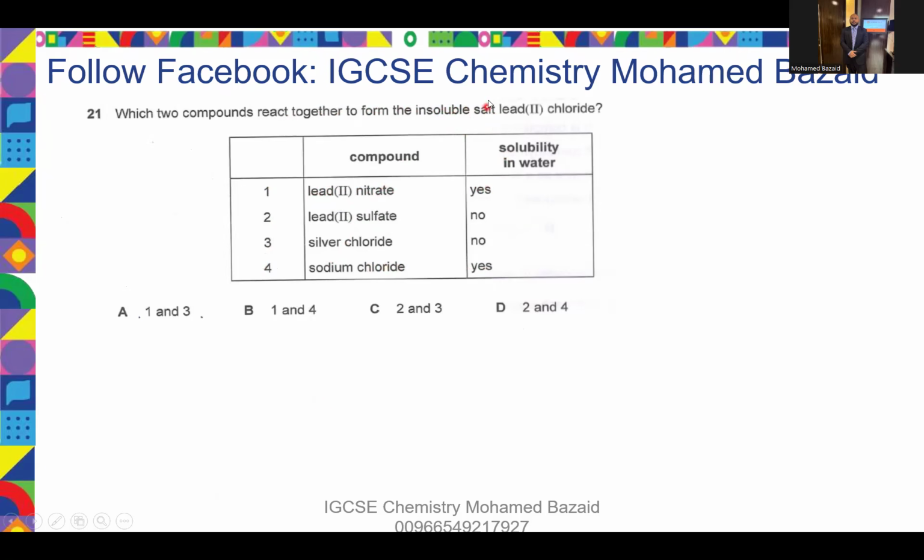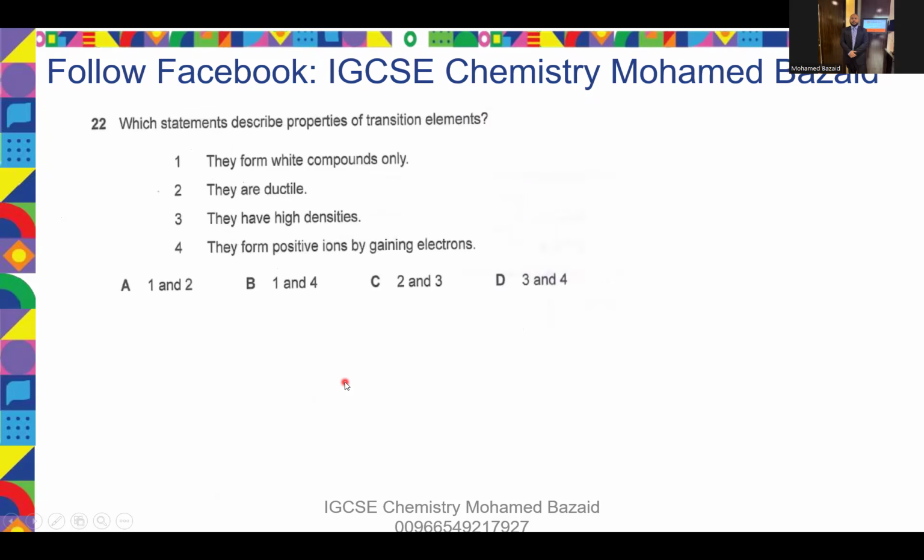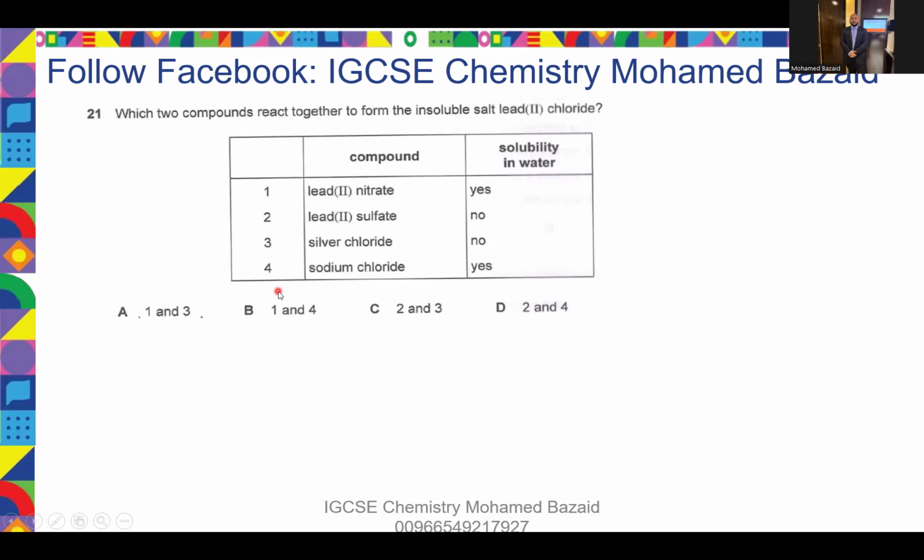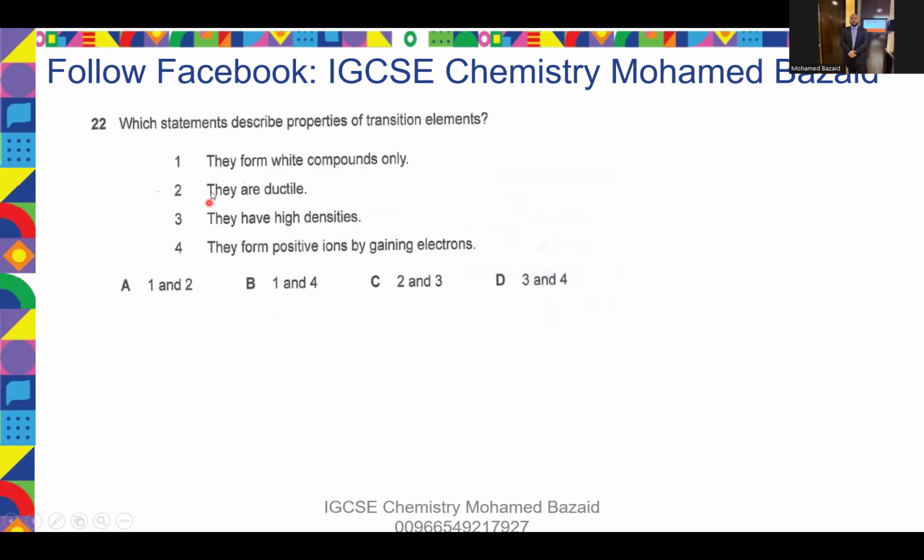So 1 and 4 will form an insoluble salt, which is letter B. Remember, to form an insoluble salt, you mix together soluble with soluble. And remember, any nitrate salt is soluble and any sodium salt is soluble. In 21, the answer is letter B.